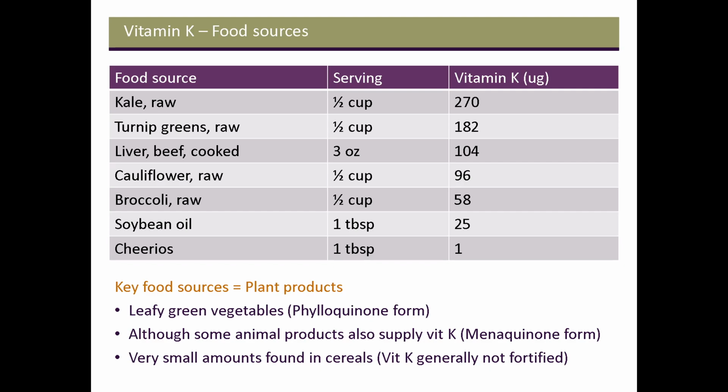Animal products supply vitamin K in the menaquinone form, but this comes from intestinal bacteria that synthesize it, and there are very small amounts found in cereal. Vitamin K is generally not a fortified vitamin.